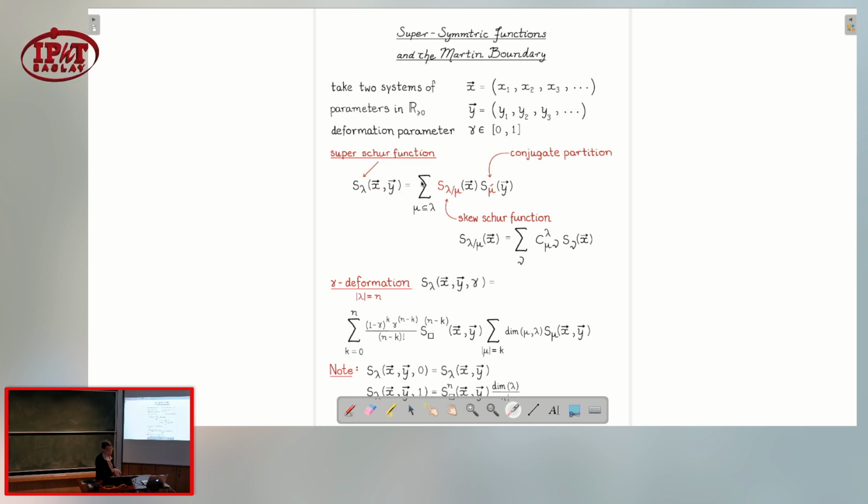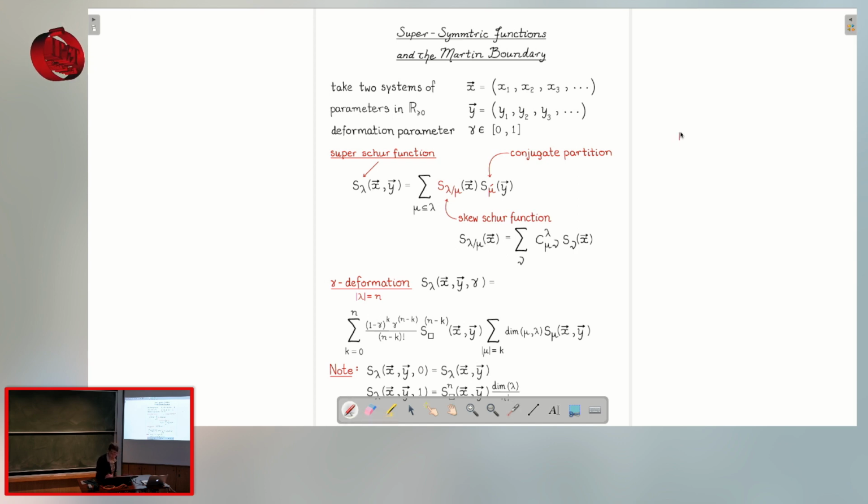It's expressed as a sum over all mu contained in lambda, times a product of two Schur functions. On the right-hand side, we have a regular Schur function in the variables y, where mu prime means the so-called conjugate partition.